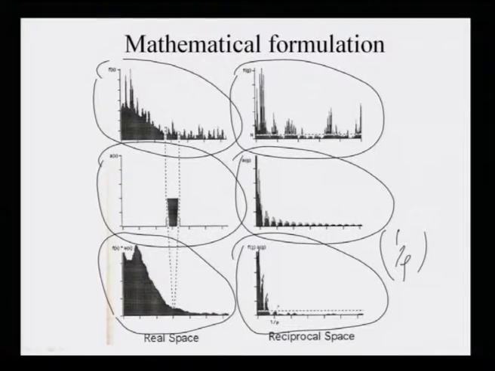Any spatial frequencies above these 1 by rho values marked here can no longer be transferred by the imaging device. This sets the resolution. It can be easily compared with Rayleigh's definition of resolution, which I discussed two or three classes before. This is, in a physical sense, the definition of the resolution of any machine.